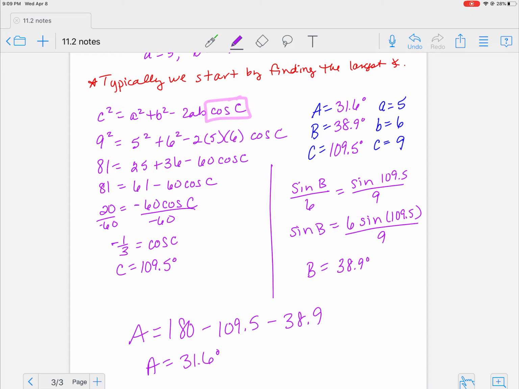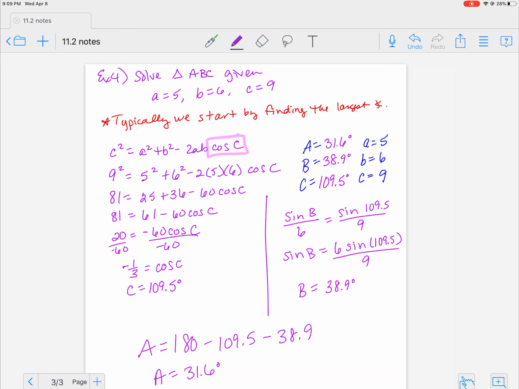All right. If you have these three sides, then you're going to come up and find the other ones. And then you'll be good to go. All right. So if you have three sides, that's how you work it off.